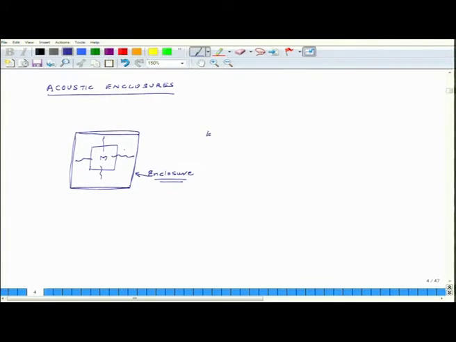Now, how much noise these enclosures stop depends on their size. Okay. So, there are small enclosures, and by small I mean acoustically, and large enclosures, again acoustically.